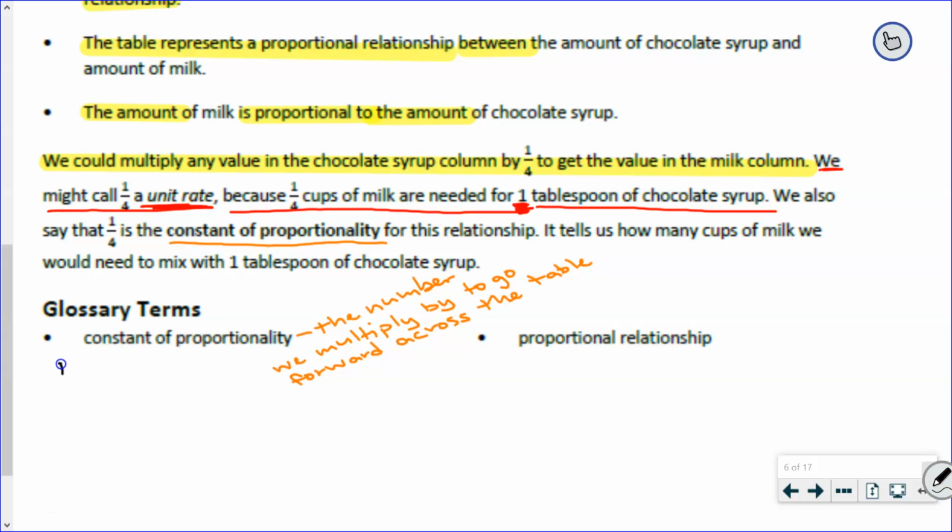We can also call it the proportional constant. You'll hear it referred to both ways. And a proportional relationship is just equivalent ratios.